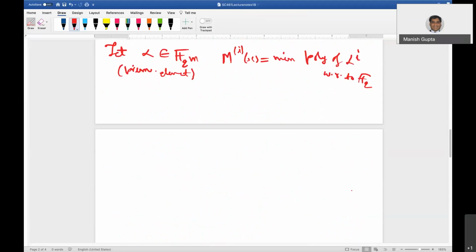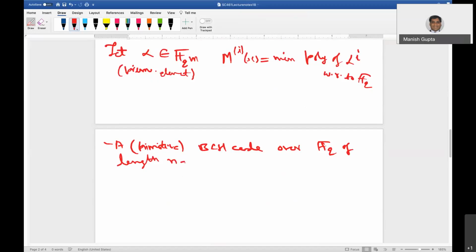I can give a definition saying that a primitive BCH code over Fq of length n = q^m - 1 with design distance delta, where 2 <= delta <= n.